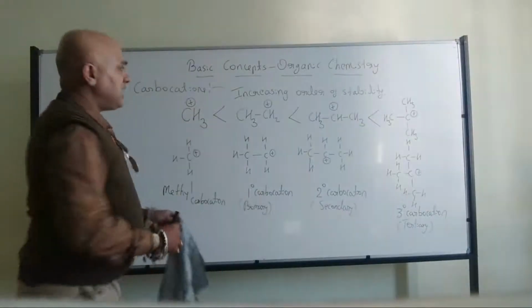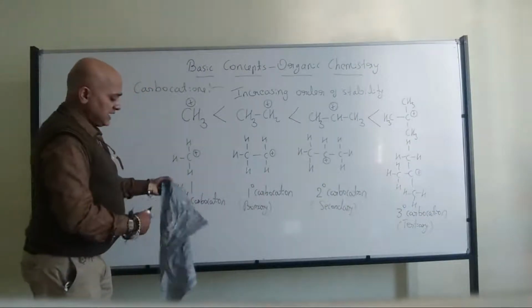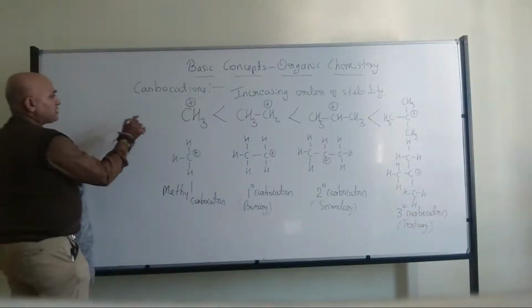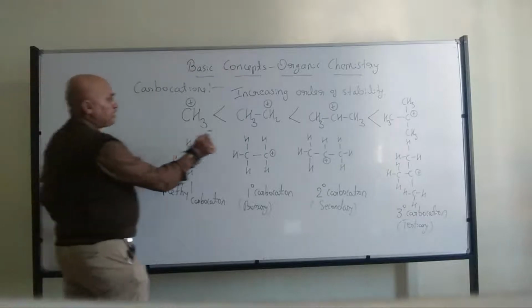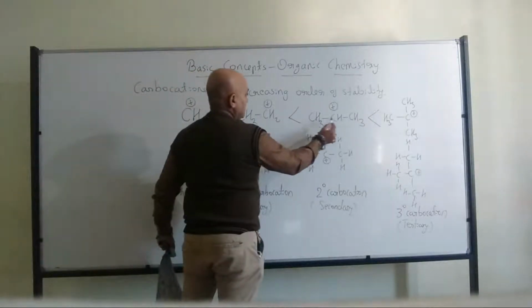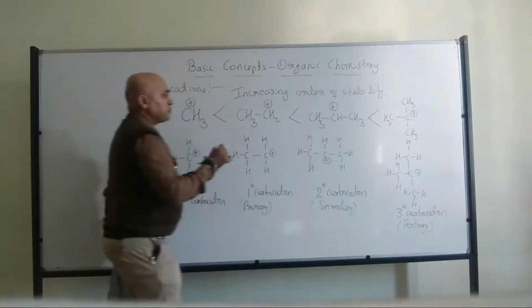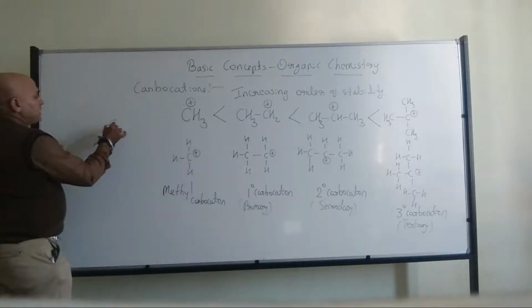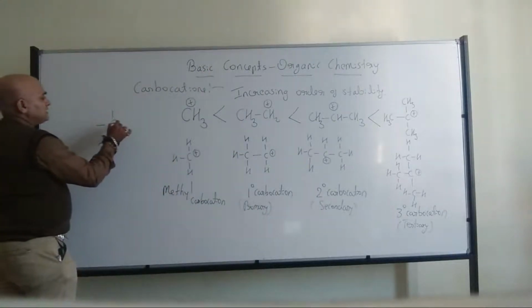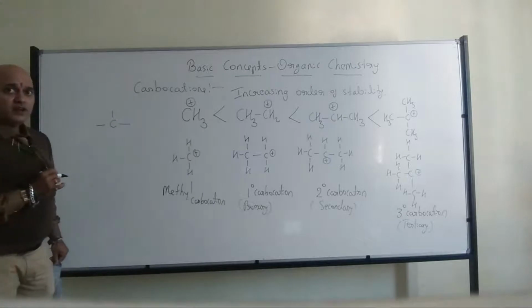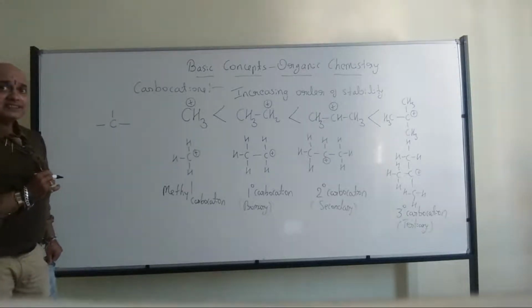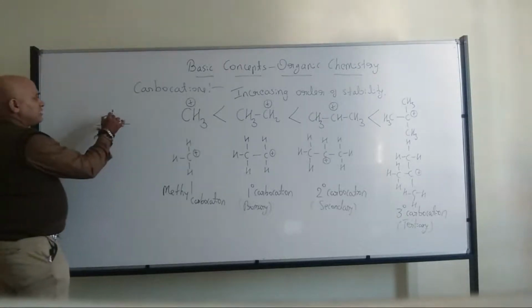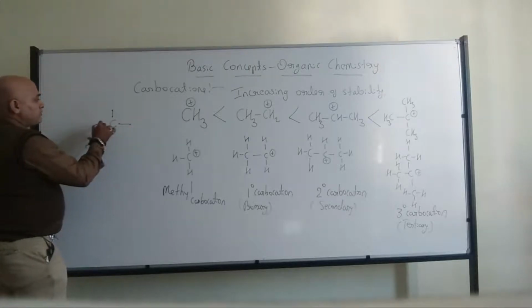Now, someone had asked, how come it will be sp2? If you observe all these carbocations, I am not talking about these carbons, I am talking only about the carbocations. All of them have only 3 linkages. That means 1, 2, 3, 4, 5, 6.